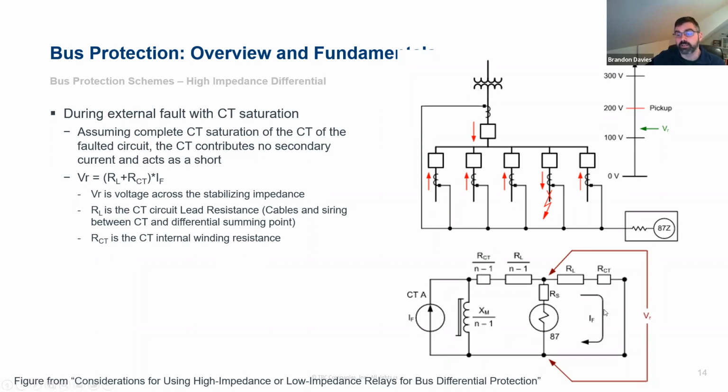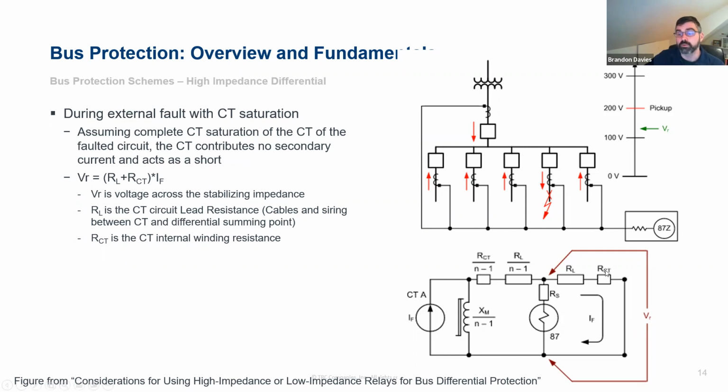So you can see the right-hand side of this equation here for the faulted phase. Instead of having a current source and the magnetizing branch of the CT, we've just shorted it out. And we've got our fault current flowing through that part of the circuit, through RL, which is the CT lead resistance. So these are the cables and wires between the CT and the summation point where we sum together all the CT circuits.